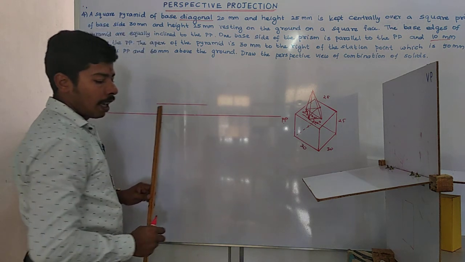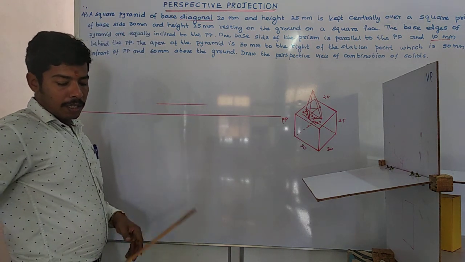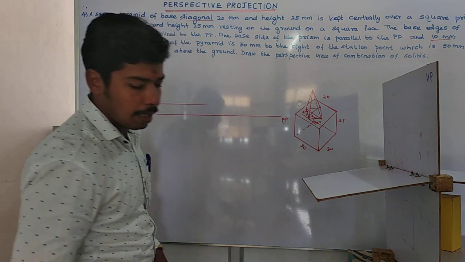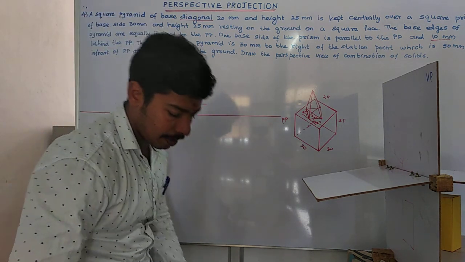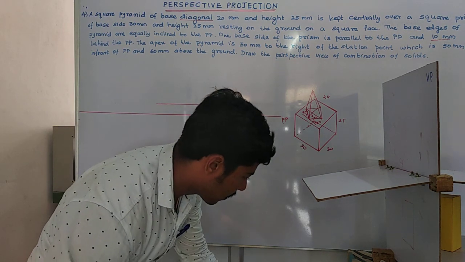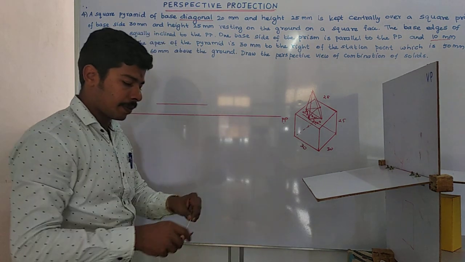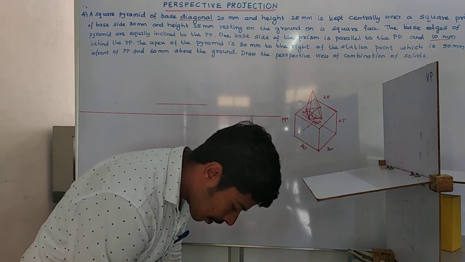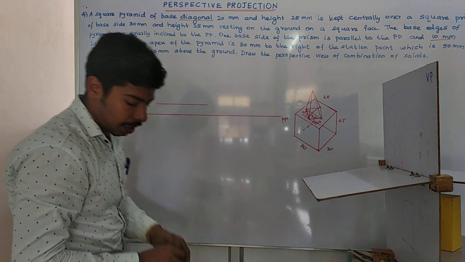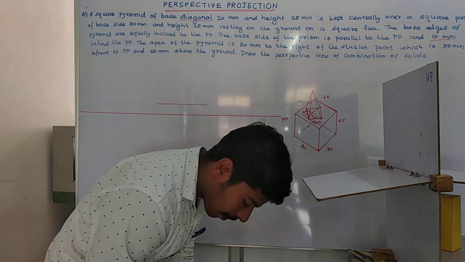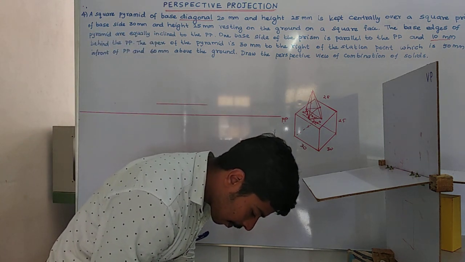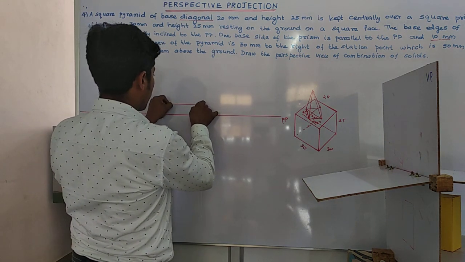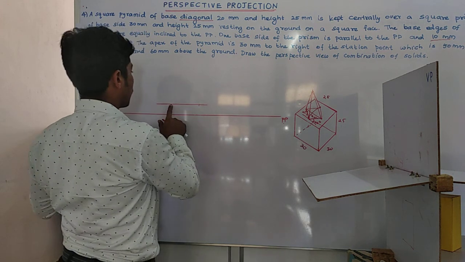And then the square has side 30 millimeter, right? So take 30 millimeter in the compass.